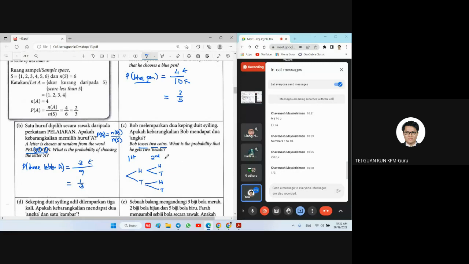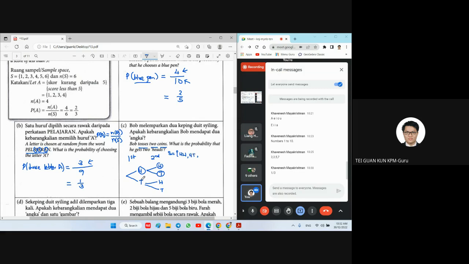outcome, dia punya outcome kena tulis lah. Dia punya outcome will be head, tulis head, or head tail. Or head tail.